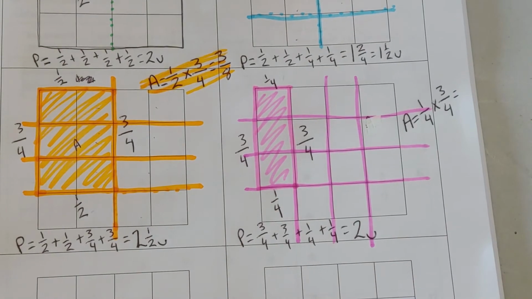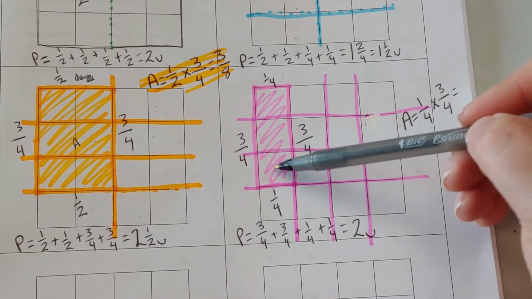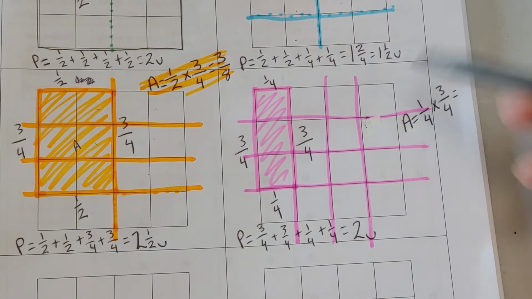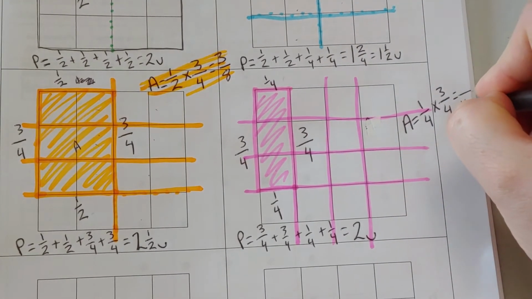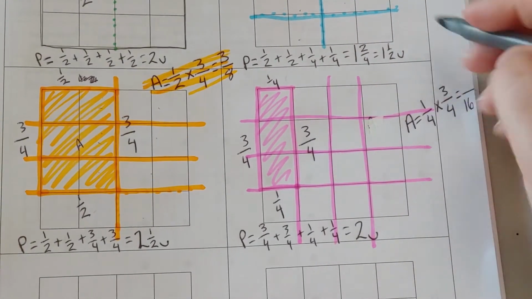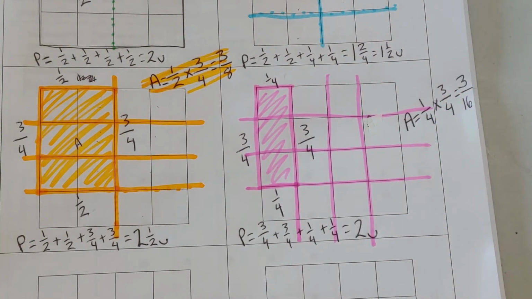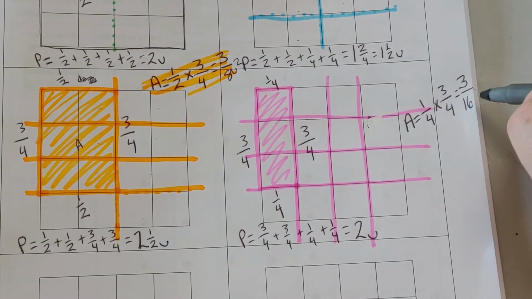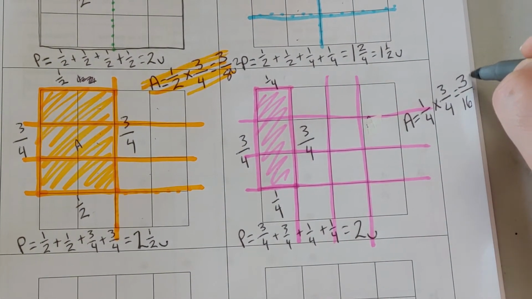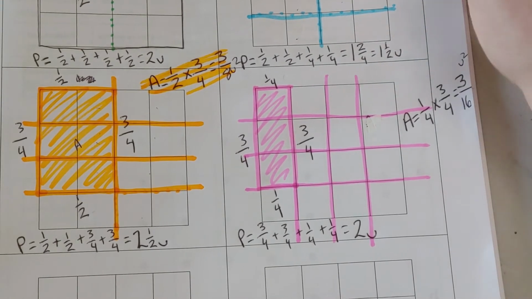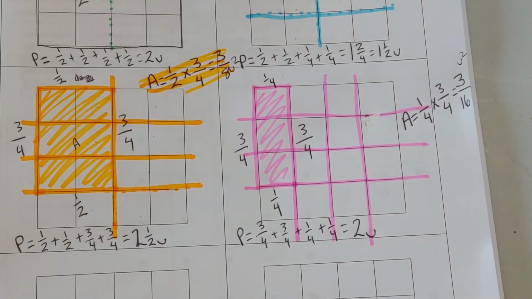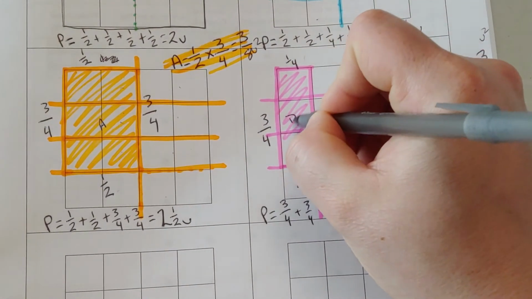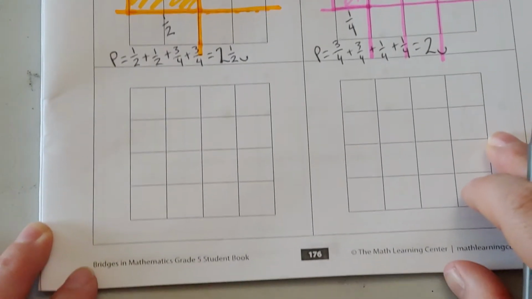So how many squares are there all together? 1, 2, 3, 4, 5, 6, 7, 8, 9, 10, 11, 12, 13, 14, 15, 16. And there are 1, 2, 3 colored in. Oops. Units squared. You have to imagine units squared because it's too close to the edge. Units squared. And this, for those of you curious, was D from yesterday.